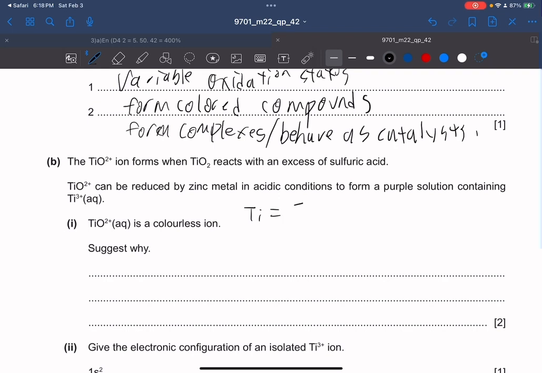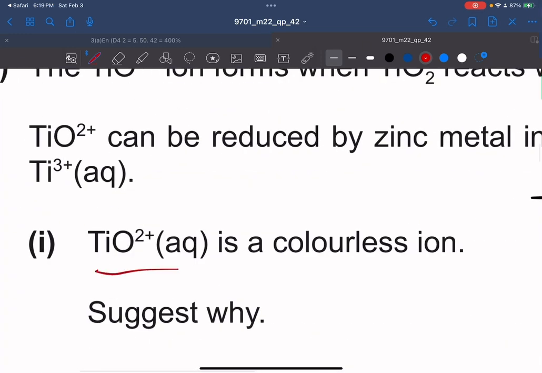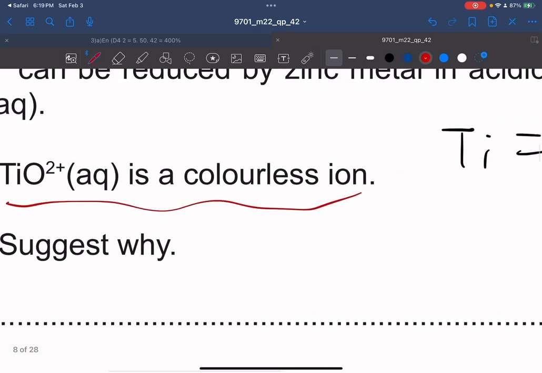So it's gonna be Ar, and then 4s2, and then 3d2. So here, explain why TiO2 plus is a colorless ion.